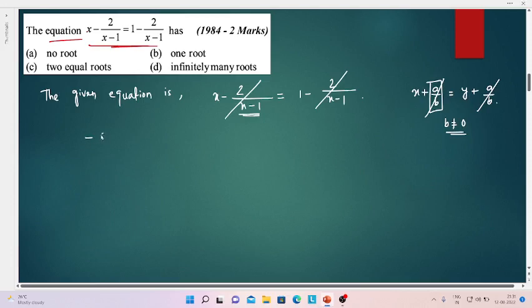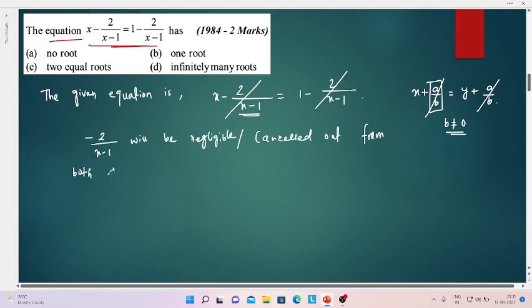So minus 2 upon x minus 1 will be negligible, or you can say cancelled out from both sides, when the denominator part, which is x minus 1, is not equal to 0.